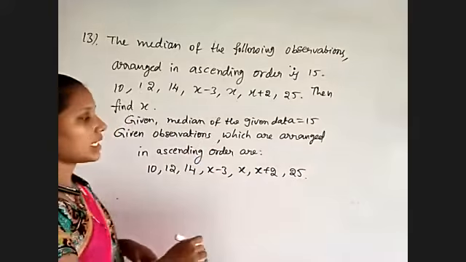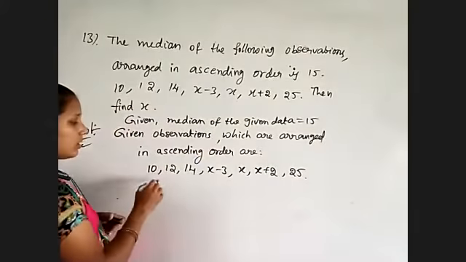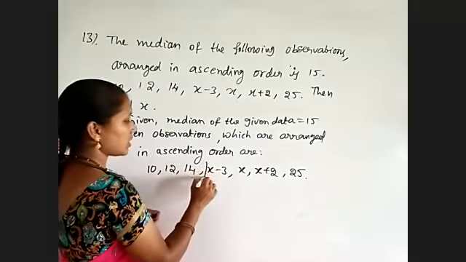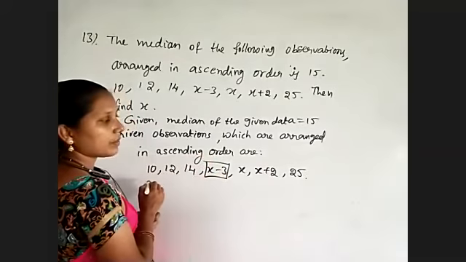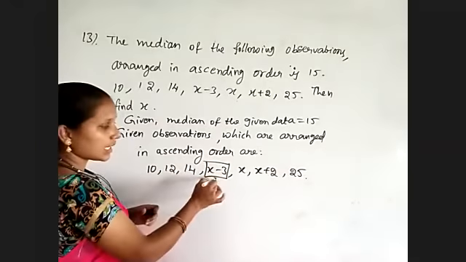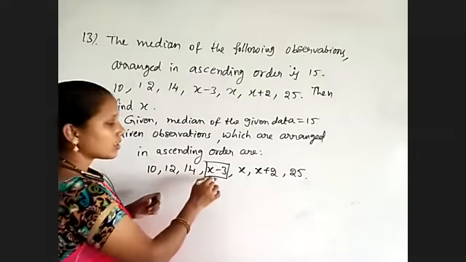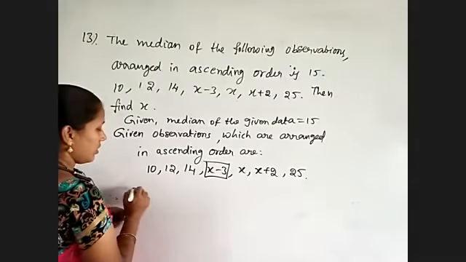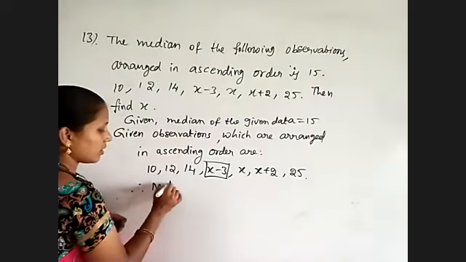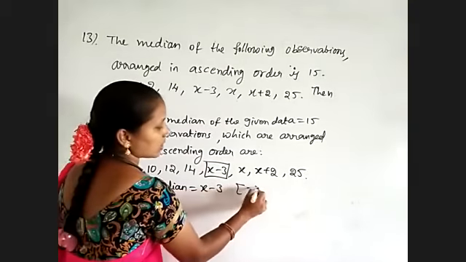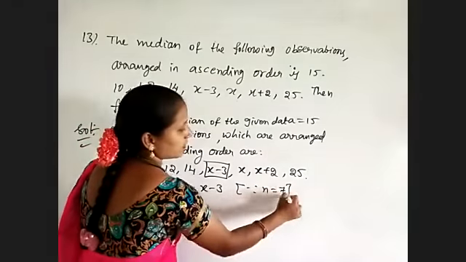So find out what the median is for these values. 1, 2, 3, 4, 5, 6, 7. 7 observations are there. So x minus 3 will be the 4th: 1, 2, 3. This side 3 numbers, that side also. Exactly the middle value is x minus 3. So x minus 3 is the median of the data. Therefore, the median is equal to x minus 3 since n equals 7.